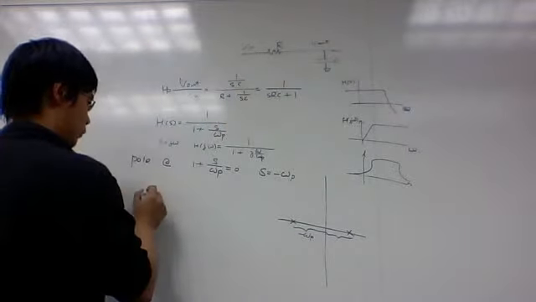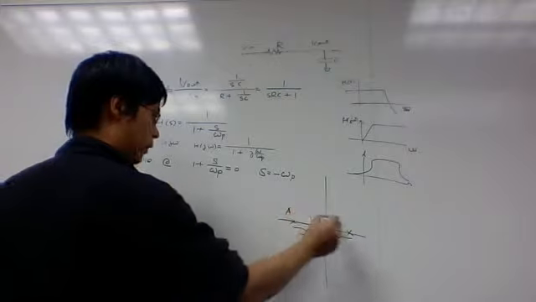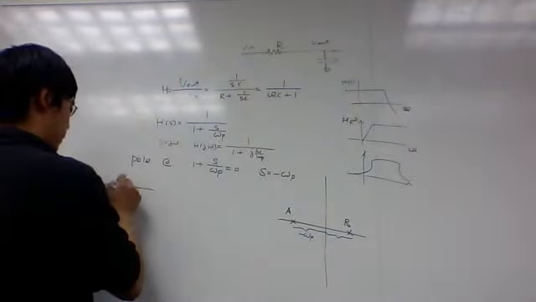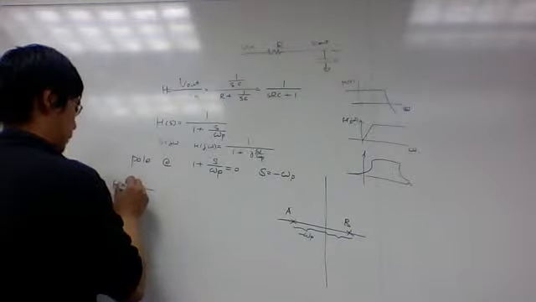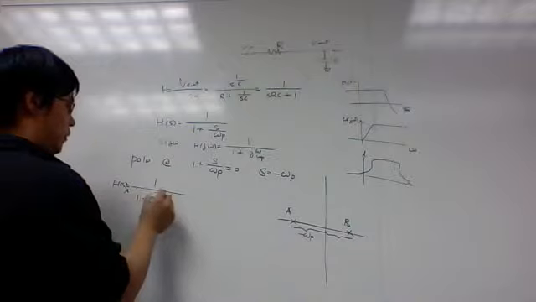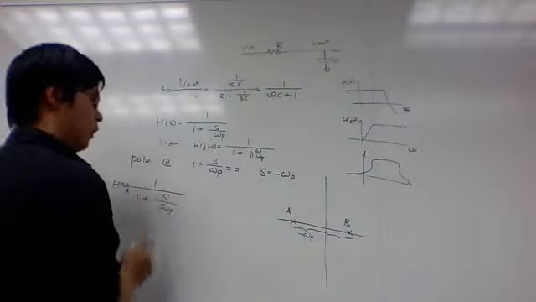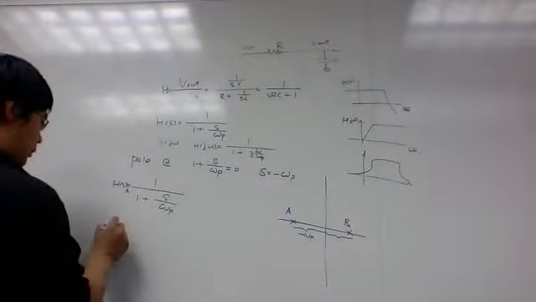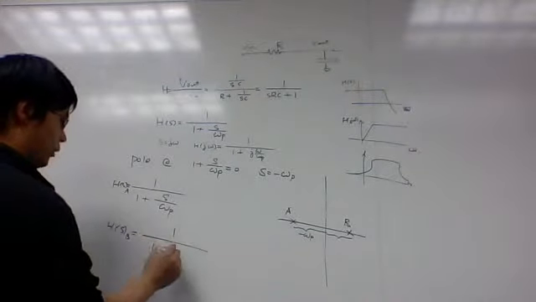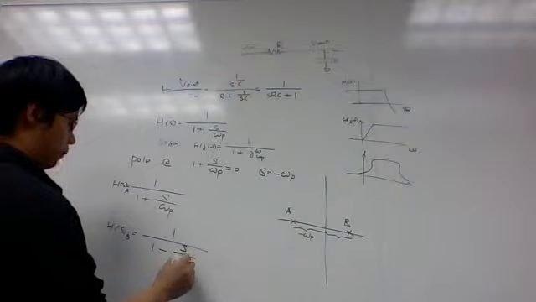So for example, this is case A and this is case B. Case A will be H of S equal to 1 over 1 plus S over omega P, right? And for B, H of S will be 1 over 1 minus S divided by omega P, right?